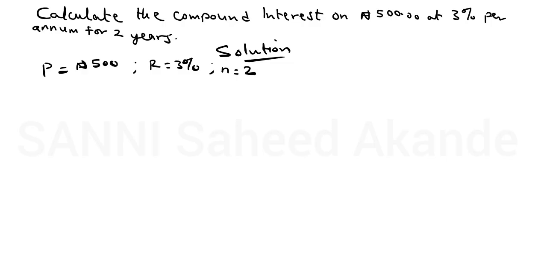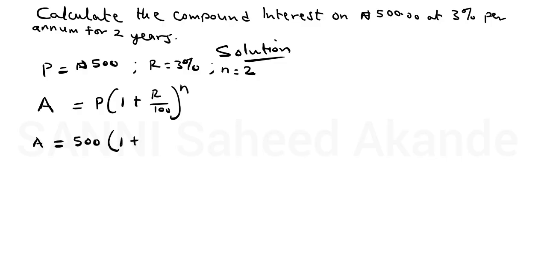So the formula to calculate the amount, because we needed to calculate the amount first before the compound interest. So A is equal to P open bracket 1 plus R over 100 everything raised to power n. So A will be equal to P is 500, then multiplied by 1 plus R, which is 3 over 100, everything raised to power 2.